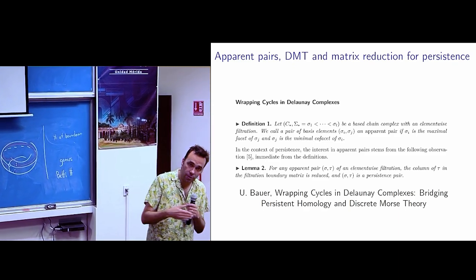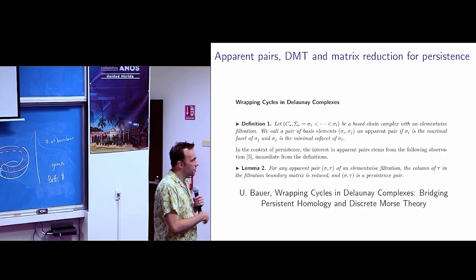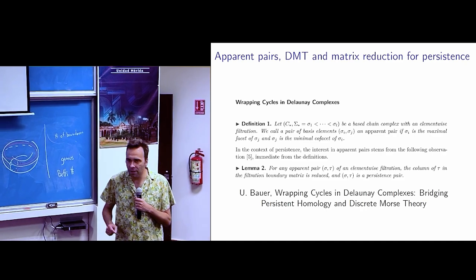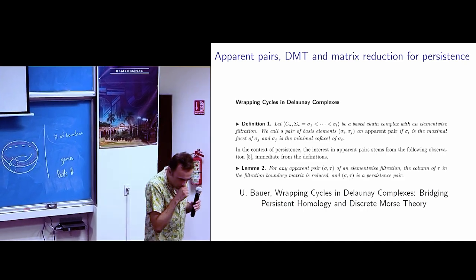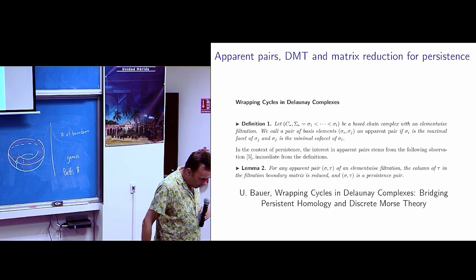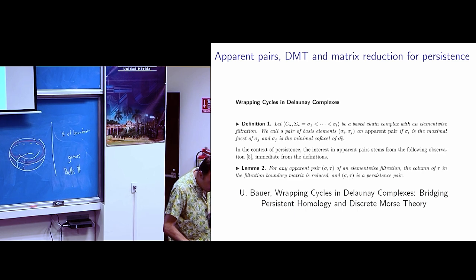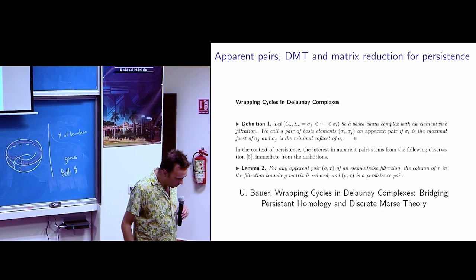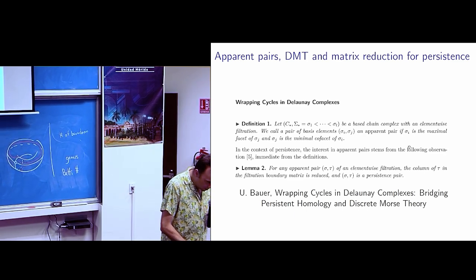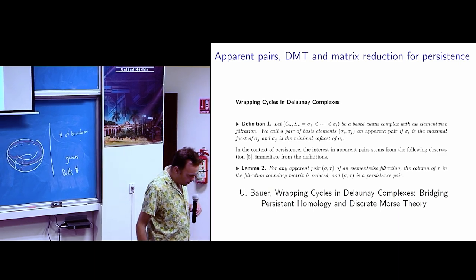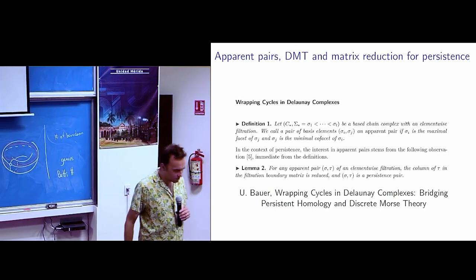So essentially you have a good ordering, and therefore there is a unique way you can write down your boundary matrix. That's the requirement. And we have a pair of simplices. We call it an apparent pair. So sigma i, sigma j is an apparent pair if sigma i is a maximal face of sigma j, and sigma j is a minimal coface of sigma i.